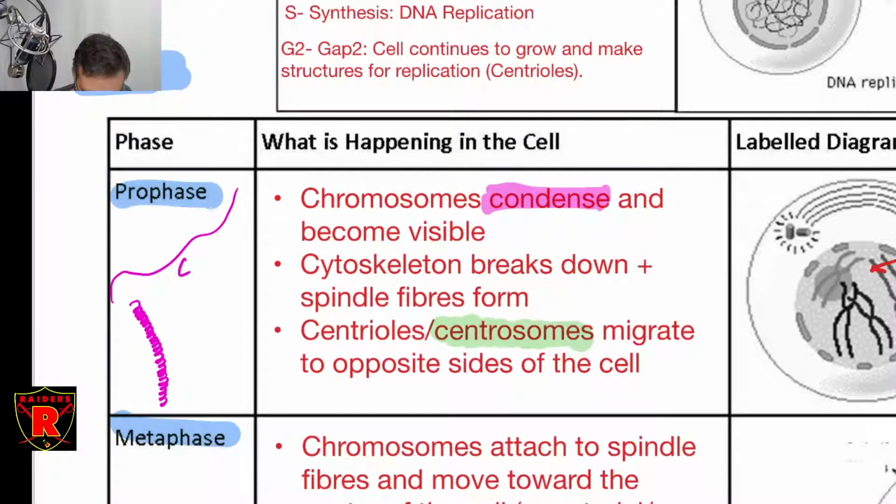So the unwound form is called chromatin, and the wound form is called a chromatid. So we've wound the chromatin into chromatids. Another way of saying that is we say that they have been condensed. It's condensation.